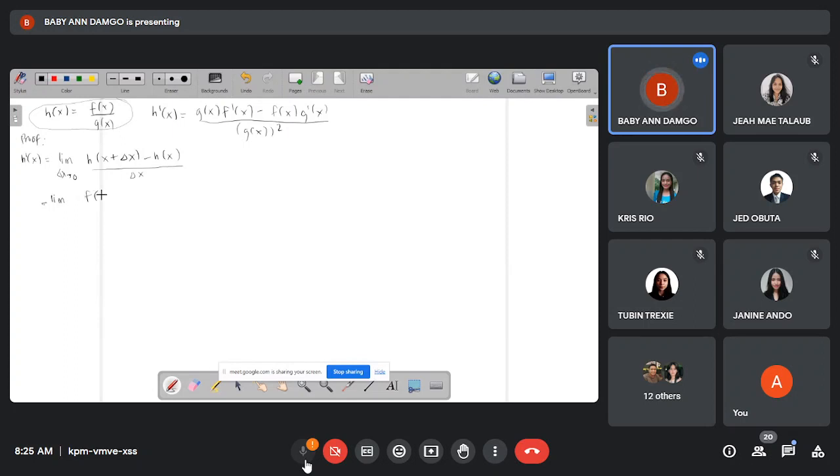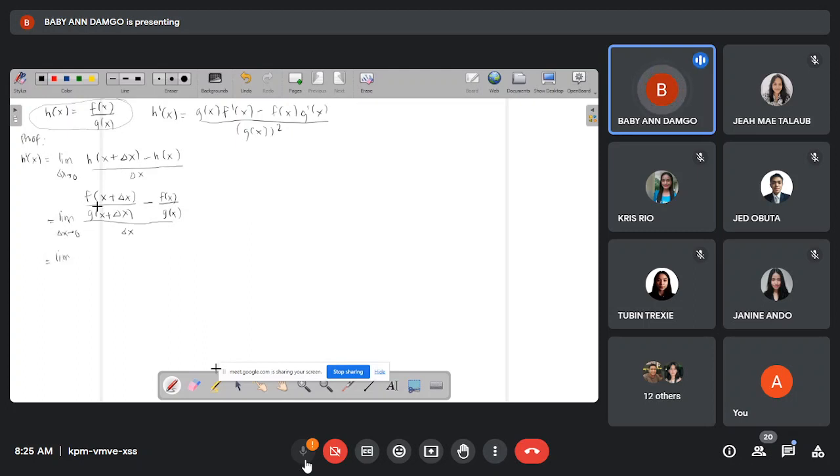So, this is f of x plus the change of x all over g of x plus the change of x minus your h of x, so copy, f of x over g of x, all over the change of x, as the change of x approaches 0.